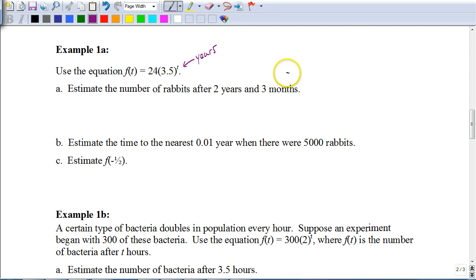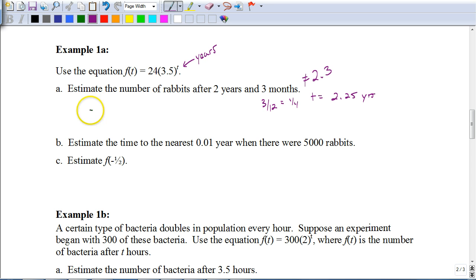Well, 2 years and 3 months is not 2.3. We need to convert 2 years and 3 months into just years. Well, 3 months is the same as 3 out of 12, which is the same as 1/4. So 2 years and 3 months means our time is actually 2 1/4 or 2.25 years.